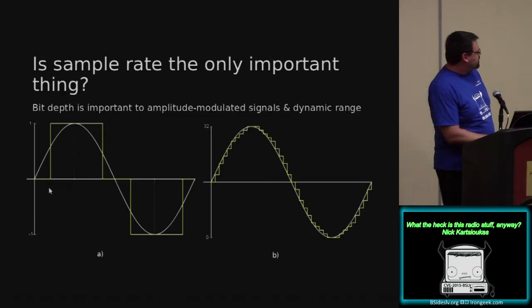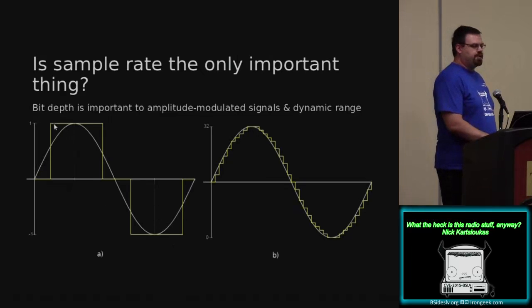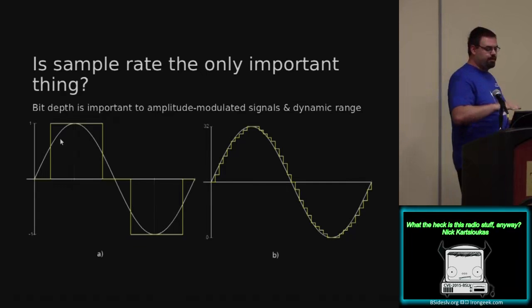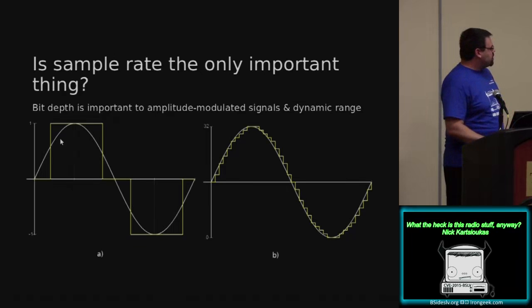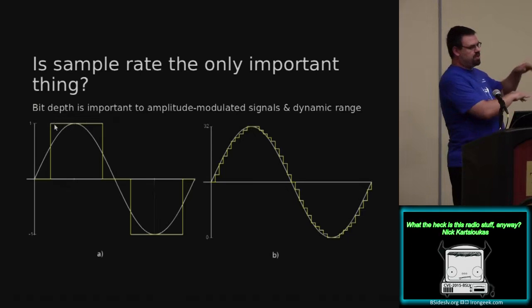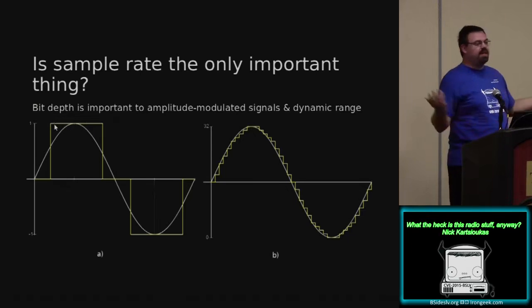And if this is an amplitude modulated signal, meaning that the actual strength of the signal is what encodes the information for you, trying to see any kind of difference in the amplitude where this is your sample size, or basically the bin in which you can store this sample, you're not getting any information out of this.